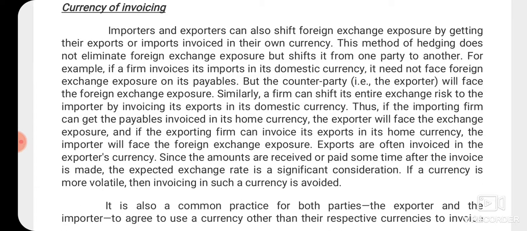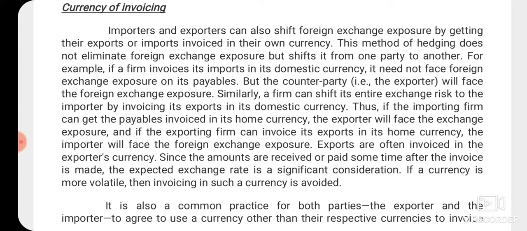If the exporting firm can invoice its exports in home currency, then the importer will face the foreign exchange risk. It may happen to the exporter or it may happen to the importer. Such risk may happen when it is invoiced in its own currency, domestic currency or other currency. It may happen in both receivables and payables.